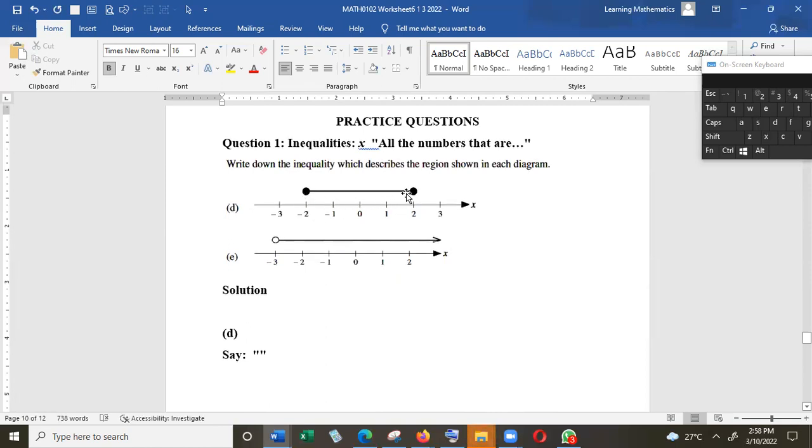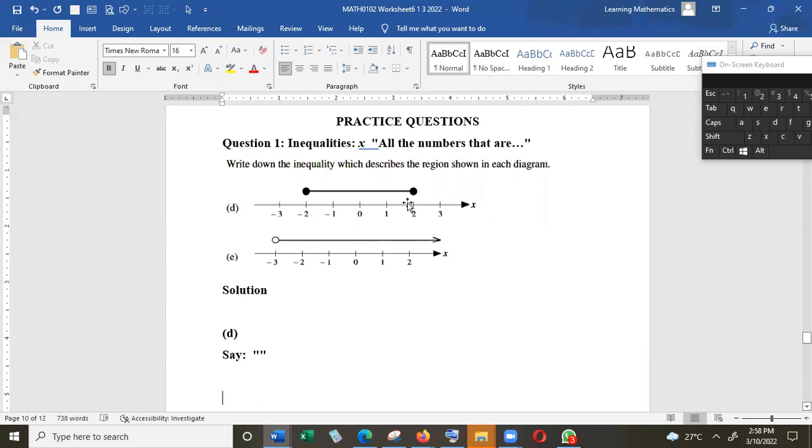All the numbers that are between -2 and 2. That is what this diagram is depicting. Inclusive, because once the circle has been shaded, that means -2 and 2 are included.